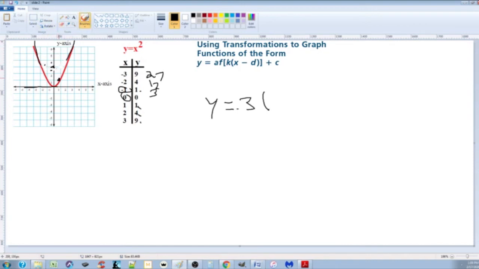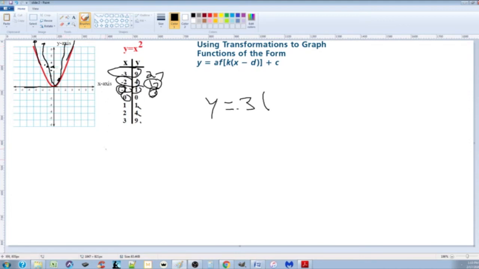What used to be minus 3 comma 9 is now minus 3 comma 27, so it's way off the chart. And my minus 2, 4 became minus 2, 12, so it's also off this particular chart. But my minus 1, 1 became minus 1, 3, which is on the chart. It would be somewhere up here, right here. So we can see my entire graph kind of got thinner.